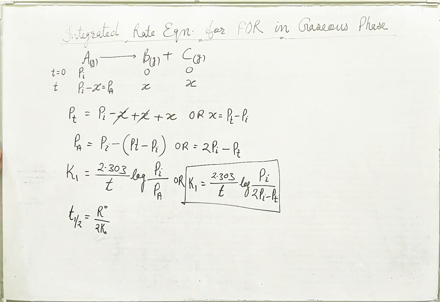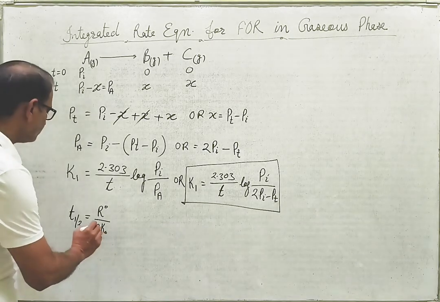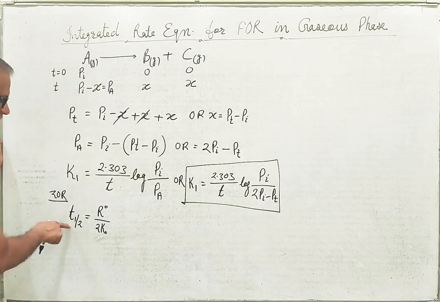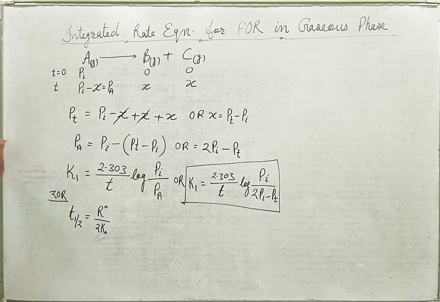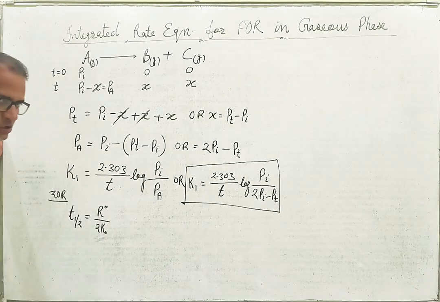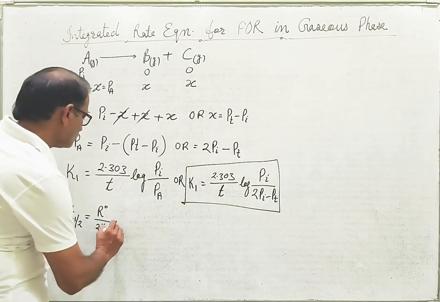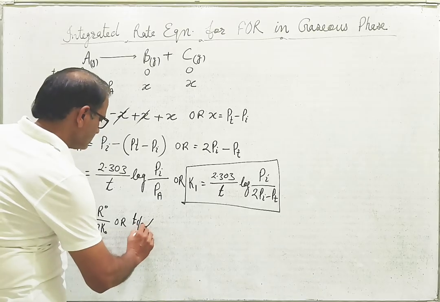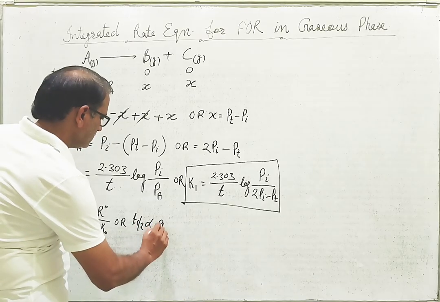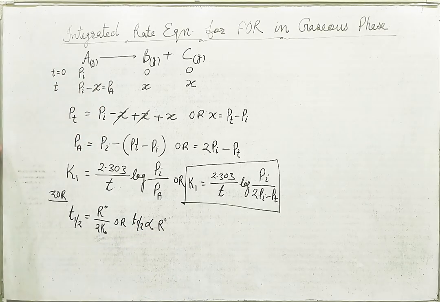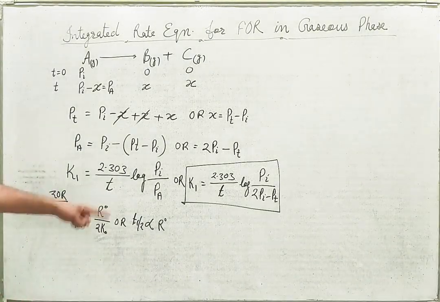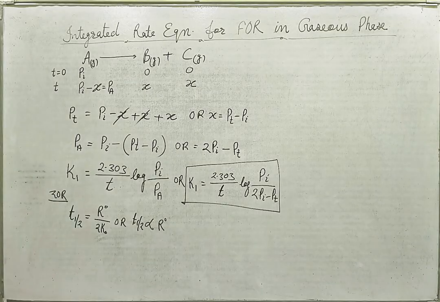T half for zero order reaction is equal to R naught upon 2K0, or we can say T half is directly proportional to R naught, meaning the half life of a zero order reaction is directly proportional to initial concentration of reactant.